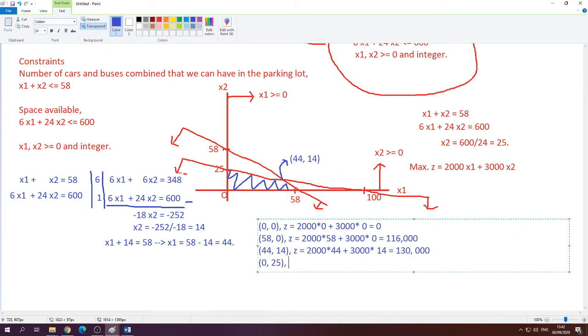So we only park 25 buses. So z will be 2000 times 0 plus 3000 times 25, and that equals 75,000.